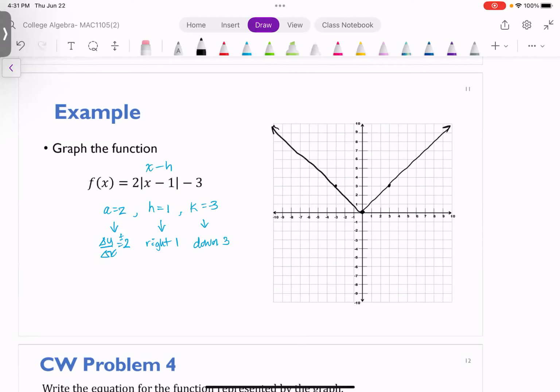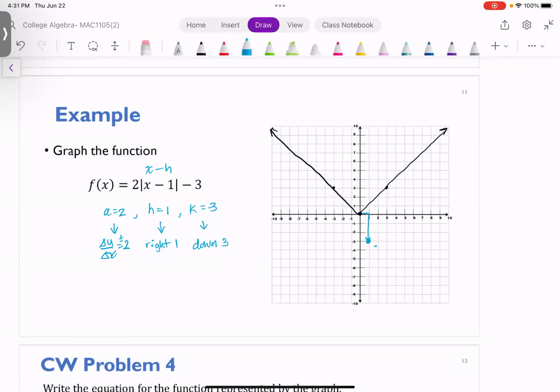That's a little bit better. So what I'm going to do is take each of these points, and I'm going to move them right 1 and down 3. I'll start with the vertex. So I'm going to take my vertex and I'm going to go right 1, and then I'm going to go down 3 units. So my new vertex is going to be located at the point over 1, down 3, which makes sense because h is 1 and k is negative 3, and that tells us our vertex is (1, negative 3).